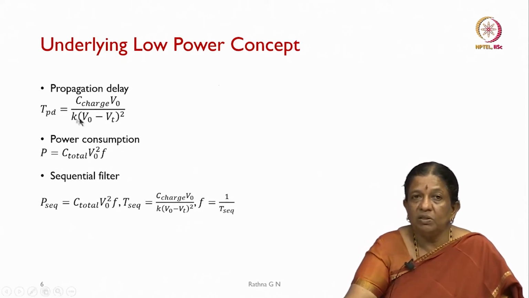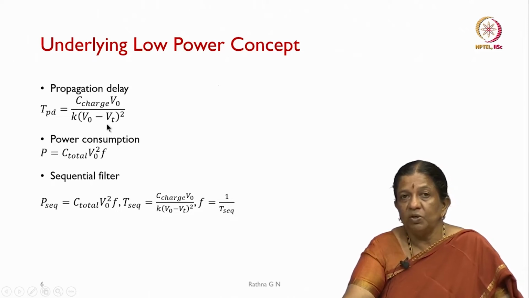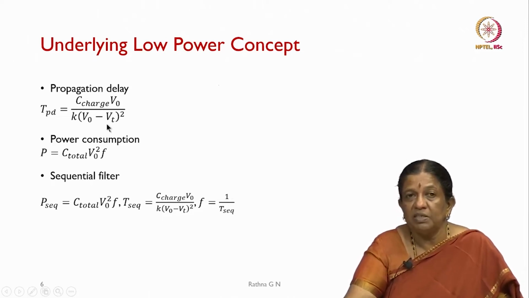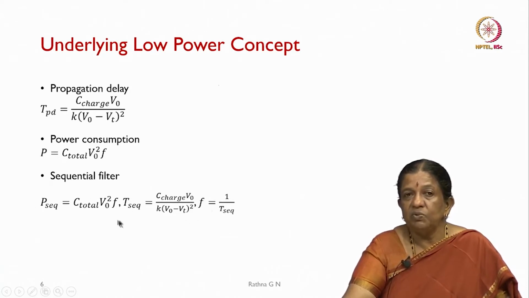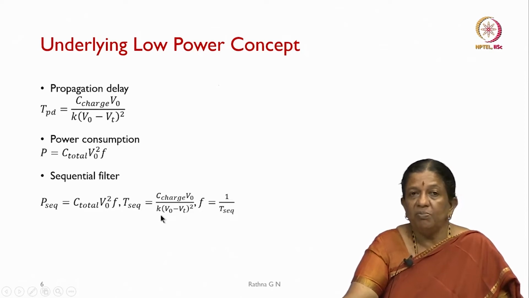In NMOS we will be seeing 1.5 volts, whereas in CMOS it is going to be 0.5 volts, above that we consider it as 1 volt. That way power consumption is given by P is equal to C total into V naught square into F. For the sequential filter when I apply this, and put in the propagation delay substituted, I will be getting C charge into V naught divided by K into V naught minus Vt whole squared.